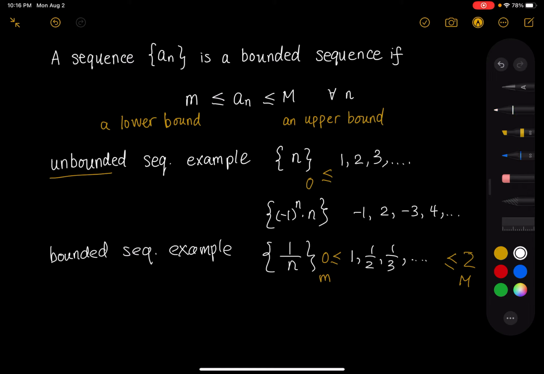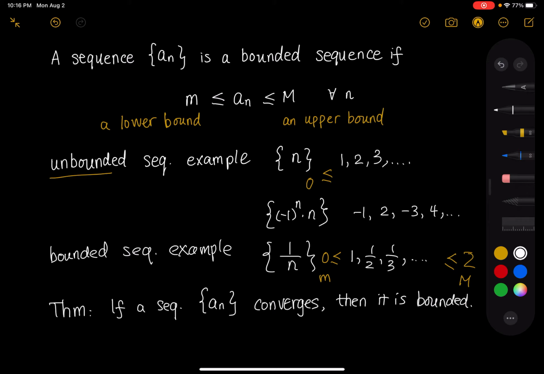Now we can take a look at an example. Oh, maybe one more theorem. In order to understand the theorem, we need that definition. If a sequence a_n converges, then it is bounded.